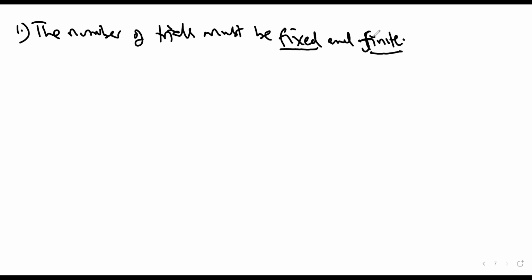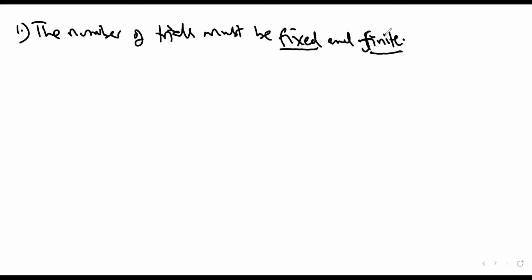That means it must be known, it must be countable. So you cannot say you are tossing the coin, maybe until something happens, because that does not qualify the experiment to be a binomial experiment. You may say that I'm tossing the coin until I see 5 heads, then you stop. That's not binomial.